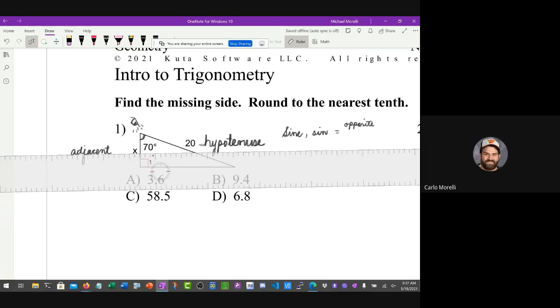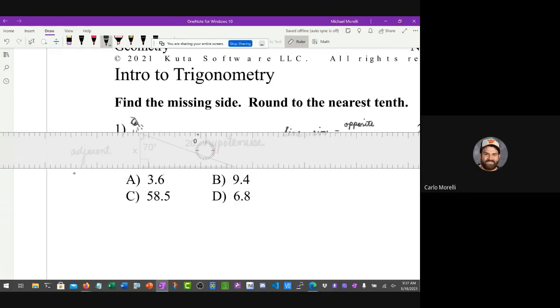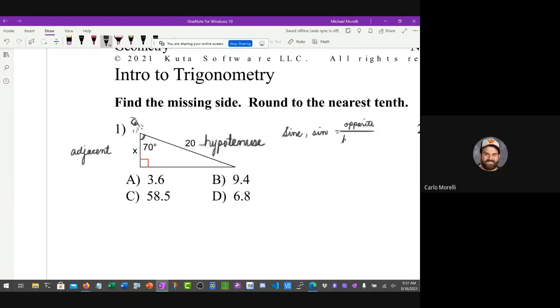Okay, so opposite over hypotenuse. Basically, you take the sine of an angle, some angle, and that's equal to the opposite side divided by the hypotenuse.